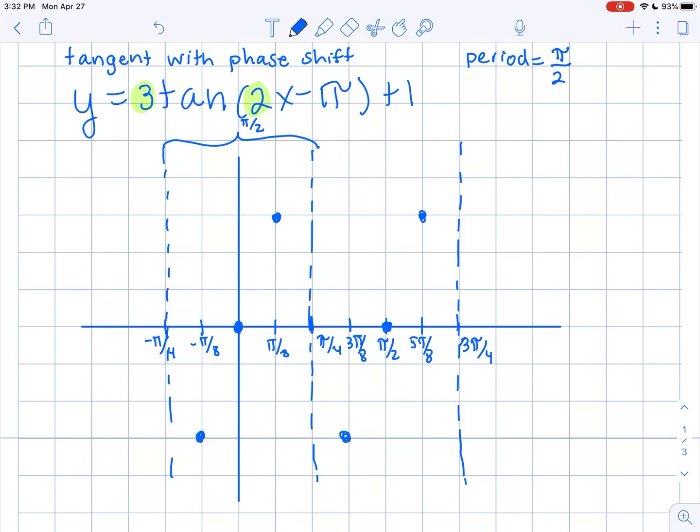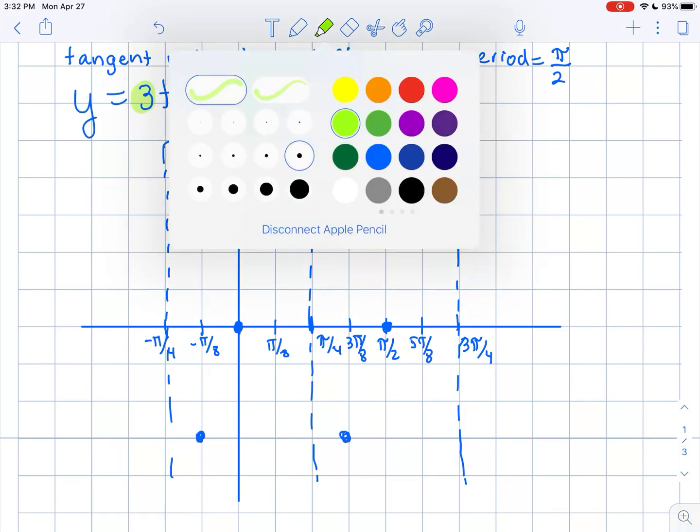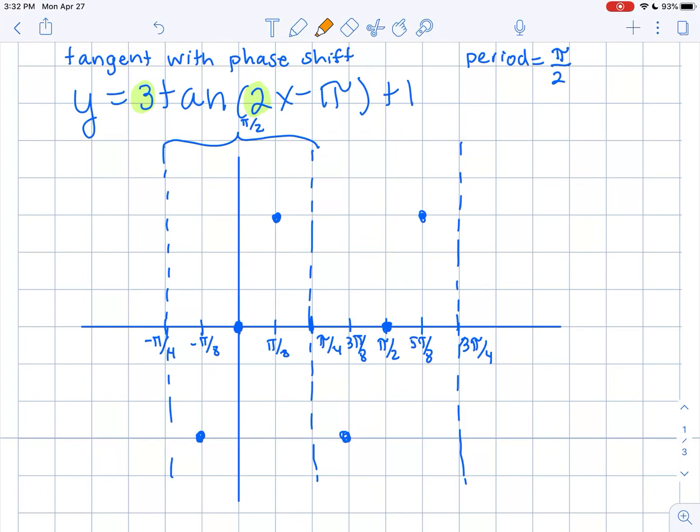And then from there, I haven't figured out the phase shift yet. I wanted to remind you guys that when we're considering the left and right shifting, we want to make sure we don't make the mistake of saying this gets shifted to the right pi. Before you do that, if there is a value like there is in front of x, the 2, we want to make sure we factor that out too.